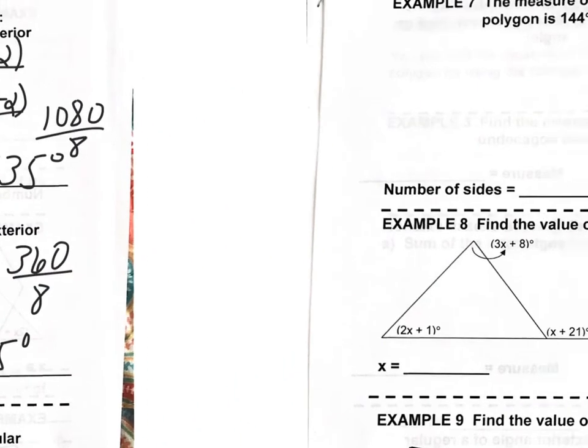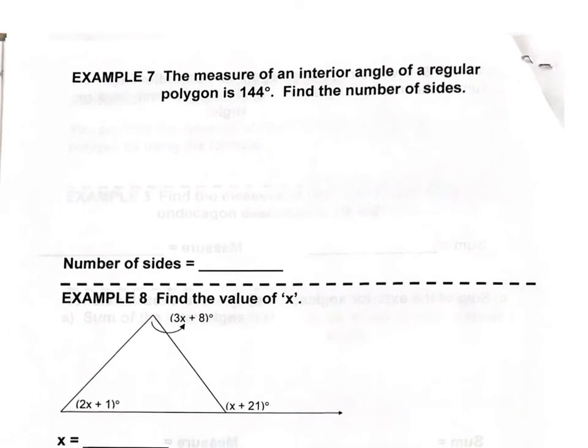Let's go on over to example 7. You're wanting the interior angle of a regular polygon. So remember, your formula is 180(n minus 2) over n.